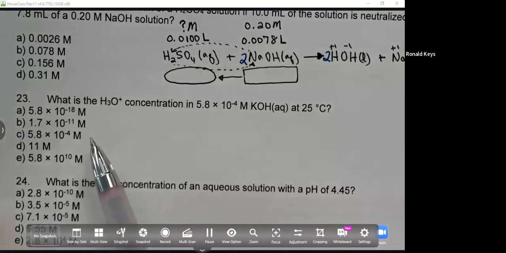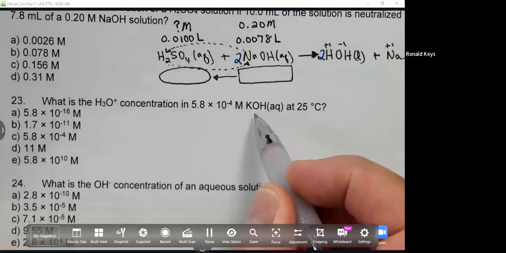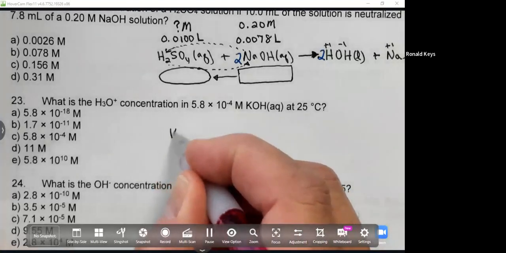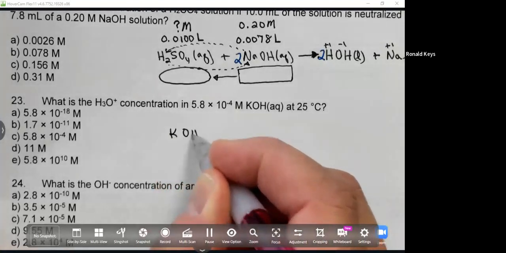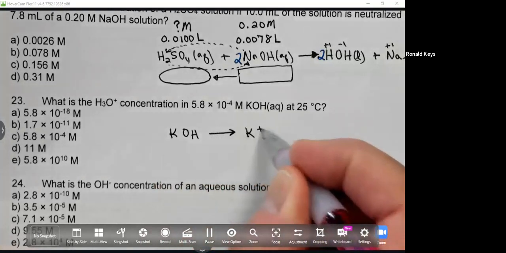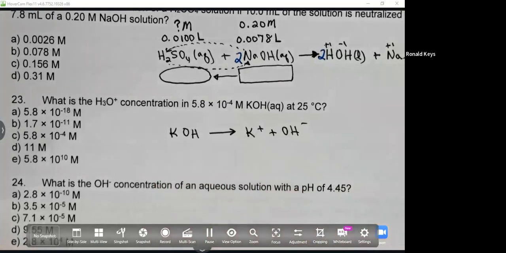Okay, this 23 relates to last time we met. This KOH, strong base? For sure, this is a strong base. So we know without a doubt, 100%, this is going to dissociate into K plus and OH minus. 100% dissociate.